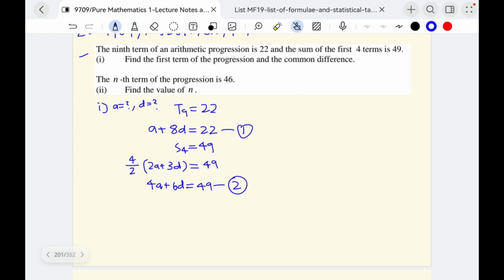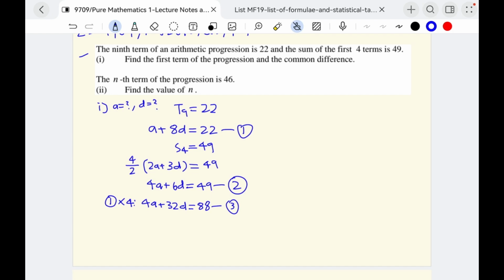So now, find the first term for me by using the elimination method from your secondary school. This is a prerequisite topic from secondary school. So 1 times 4 is equal to 4A plus 32D is equal to 88. This is your equation 3.